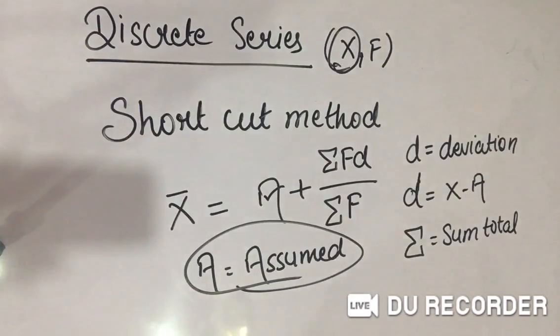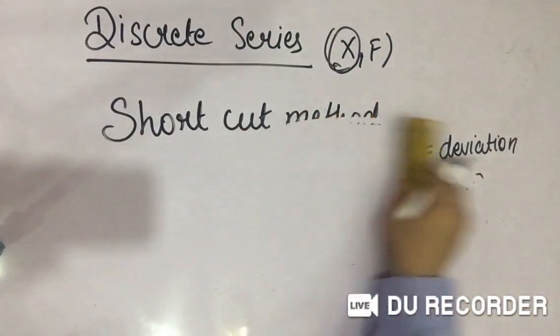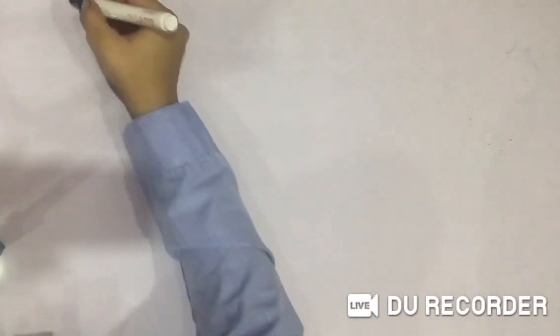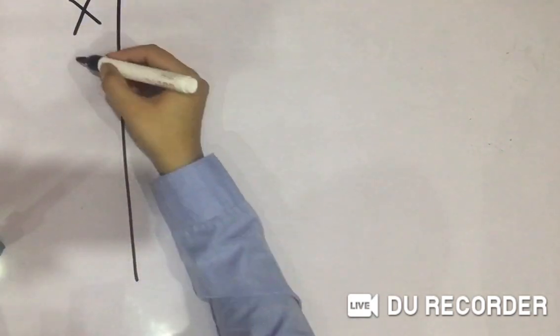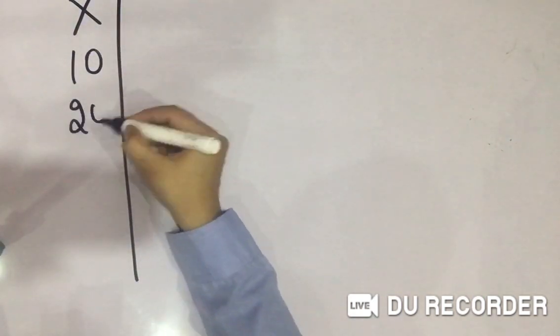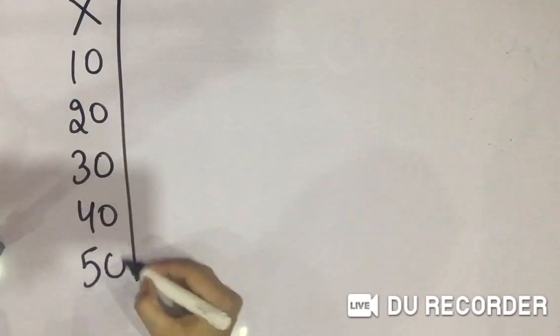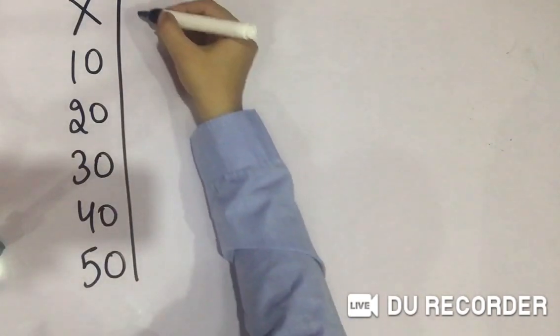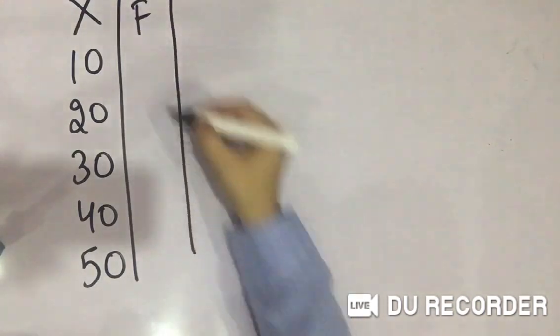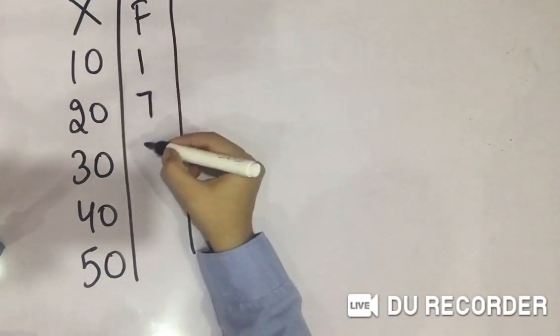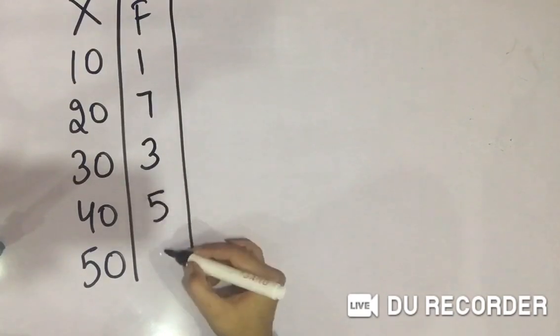So let's do one illustration related with this formula under the discrete series only. This is just an illustration. So I'm considering x as 10, 20, 30, 40 and 50. And frequency is 1, 7, 3, 5, 2.